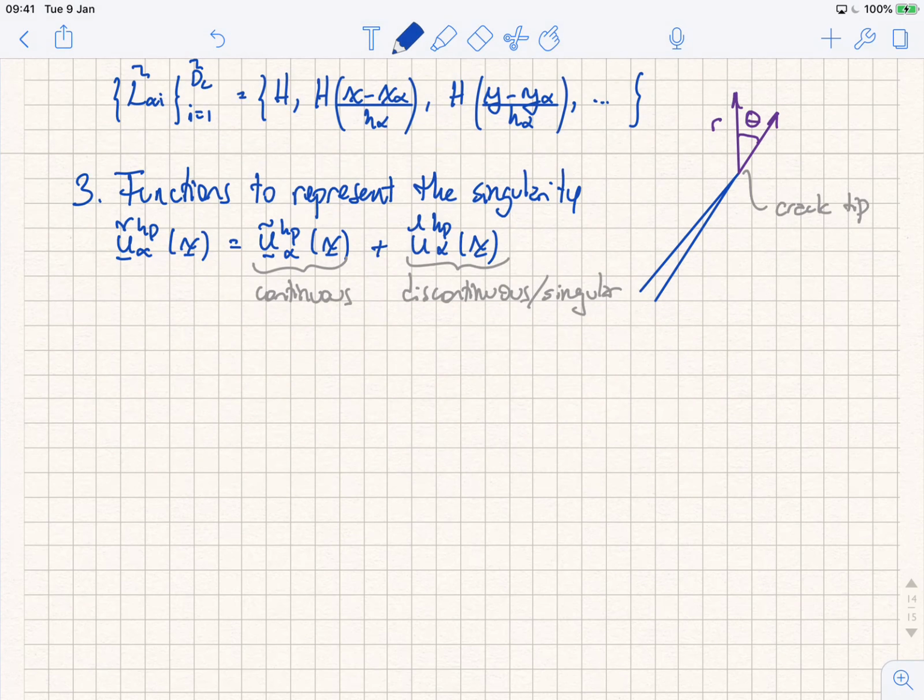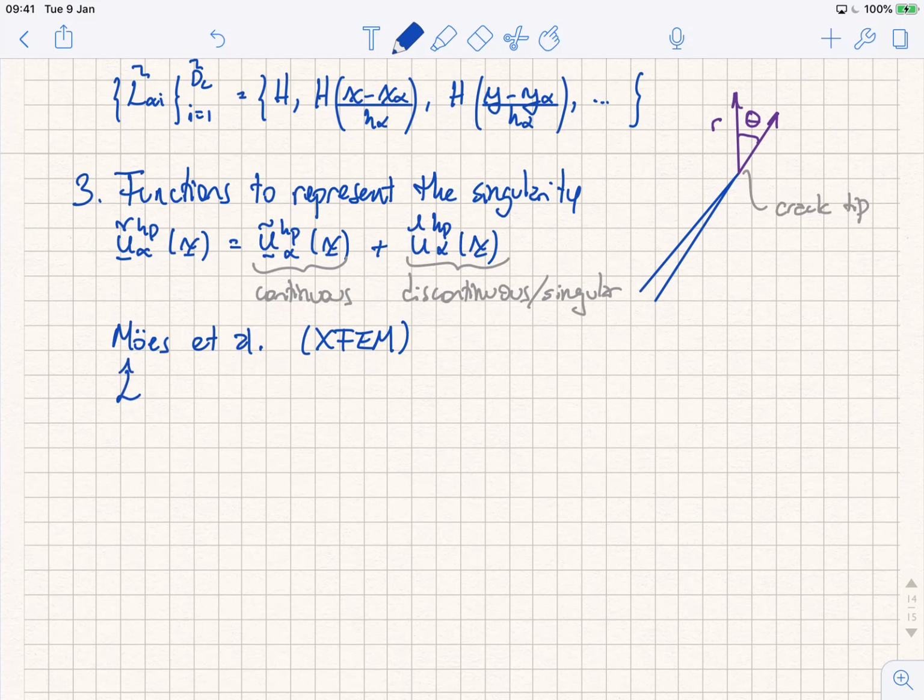And well, the functions that were given by Nicolas Moës, I have here, basically these are the people behind what eventually was called the extended finite element method.